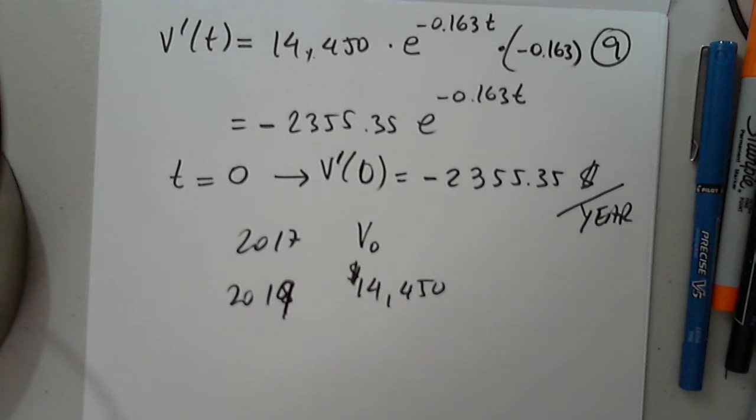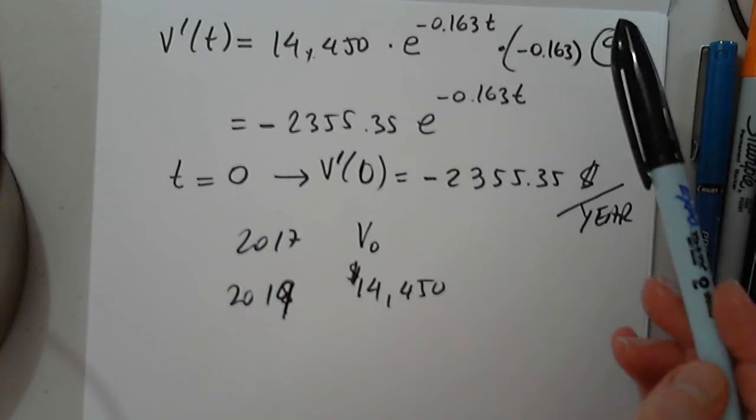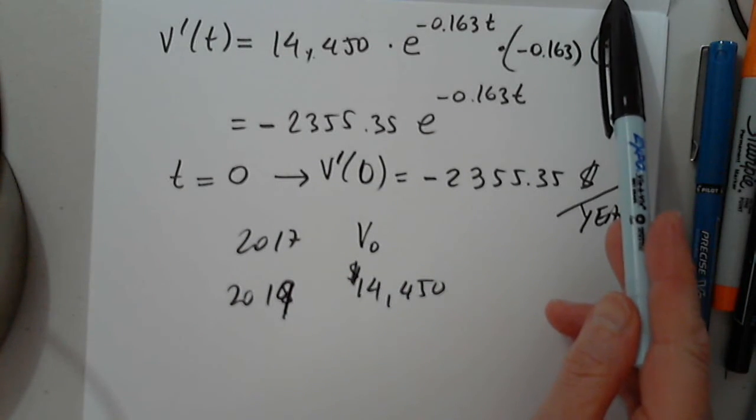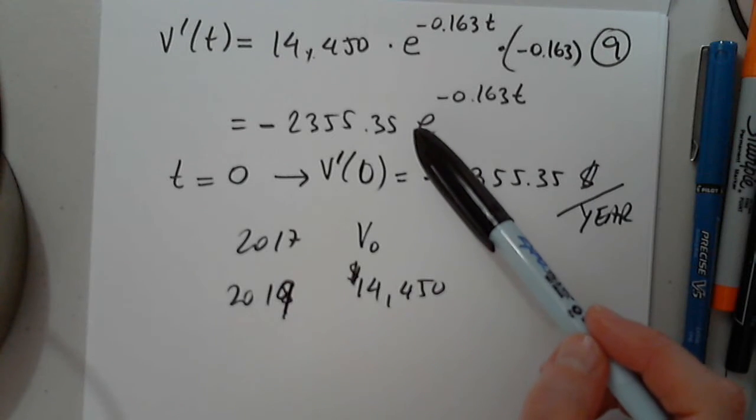So what do you think we should do? Find the rate of change, I believe. We did find the rate of change. We determined the rate of change at the beginning of 2019, right?